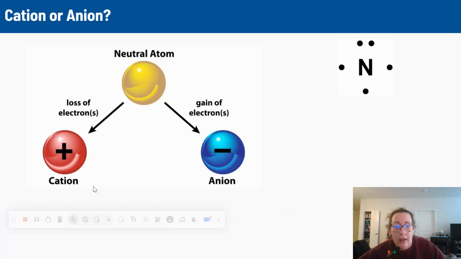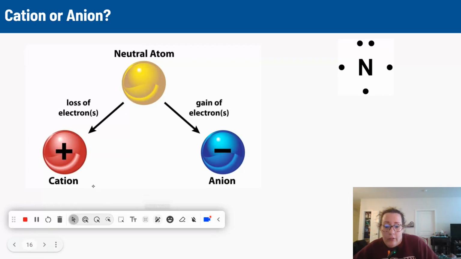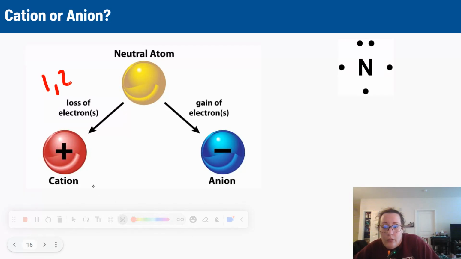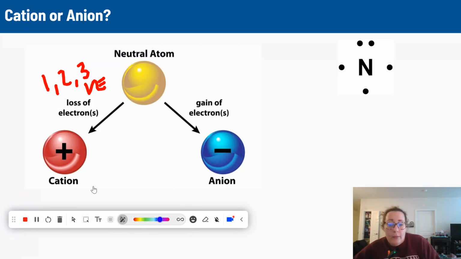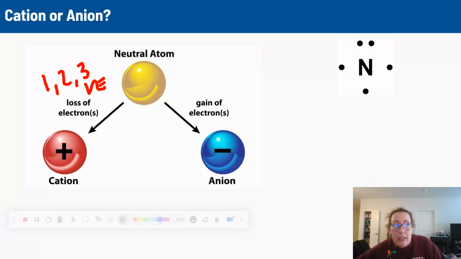So how do I know if it's a cation or anion? When it loses electrons, which means it has 1, 2, or 3 valence electrons, it's going to be a cation and become a positive charge. The reason it becomes positive when it loses is because electrons are negatively charged, so if you get rid of negative, the atom becomes more positive.